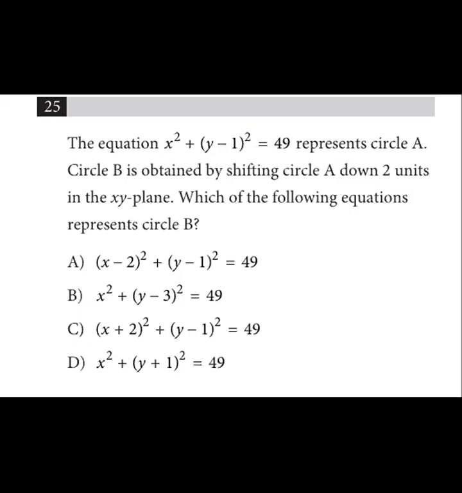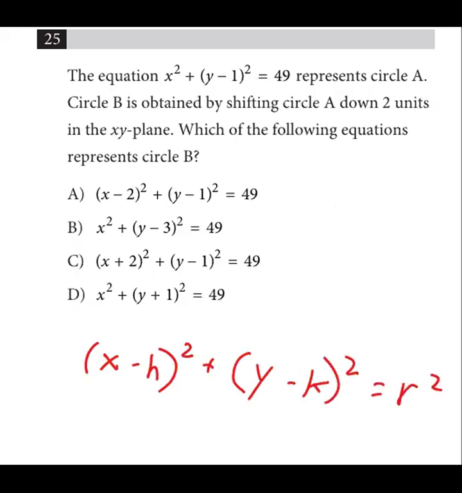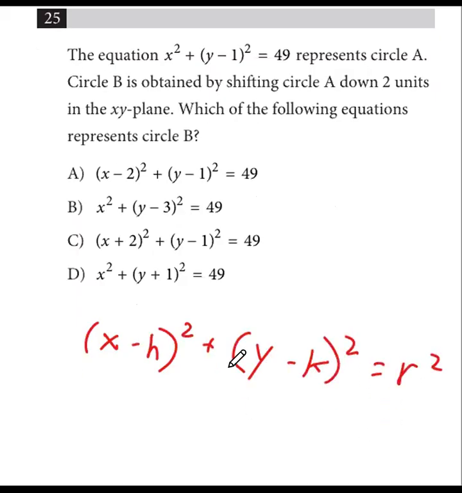Okay, so for question 25, we have an equation for a circle. Equations for circles are usually x minus h squared plus y minus k squared equals radius squared, with the center being h comma k.